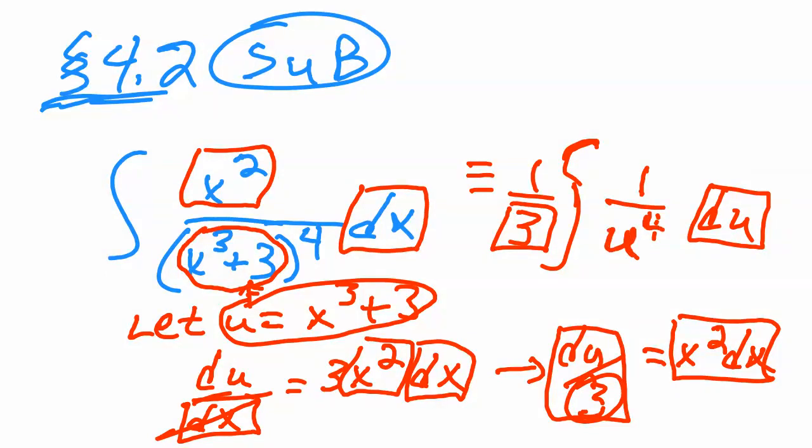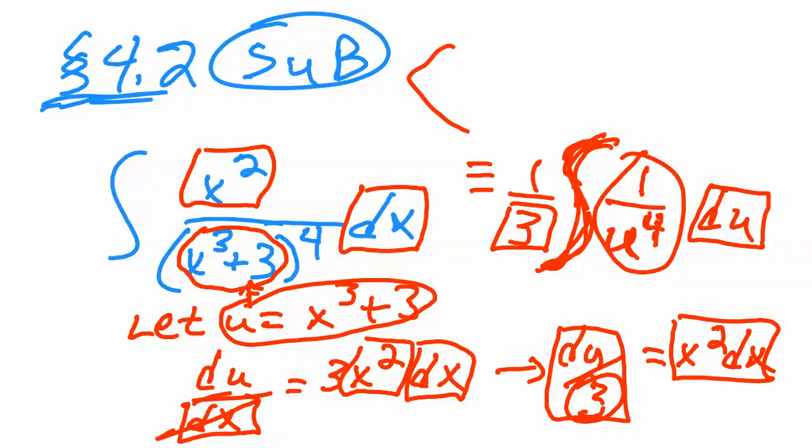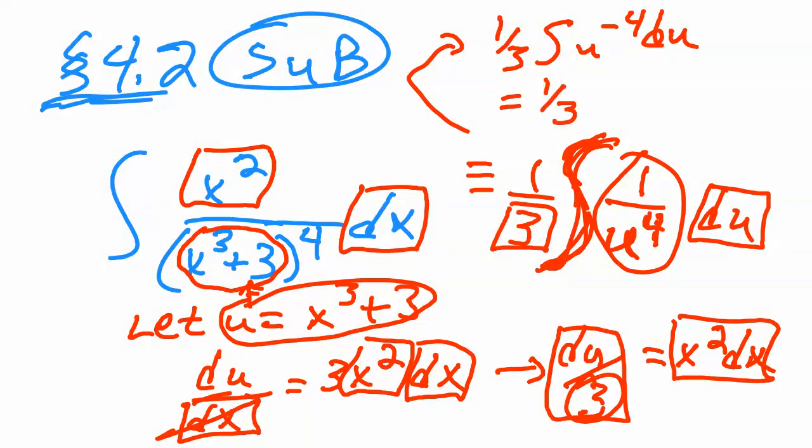So now, all of a sudden, is this antiderivative much easier to handle? Taking the antiderivative of 1 over u to the fourth? Yep, because I can say that's going to be 1/3 antiderivative of u to the minus fourth du, and then I can use my power rule. So this is going to equal 1/3 u to the add 1.